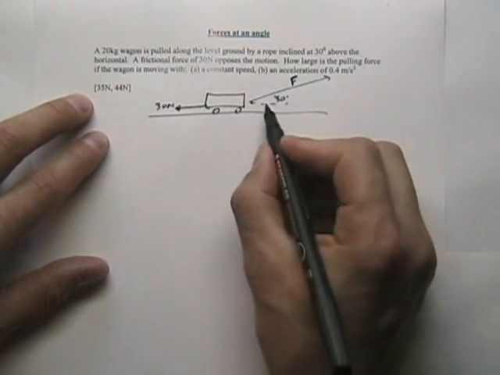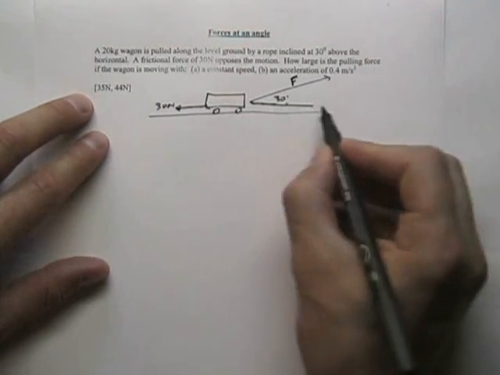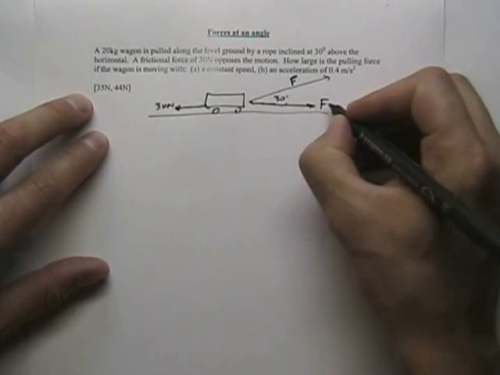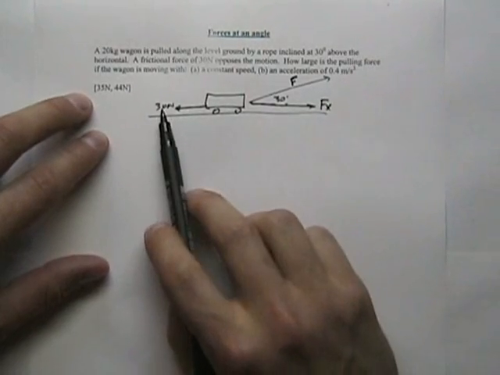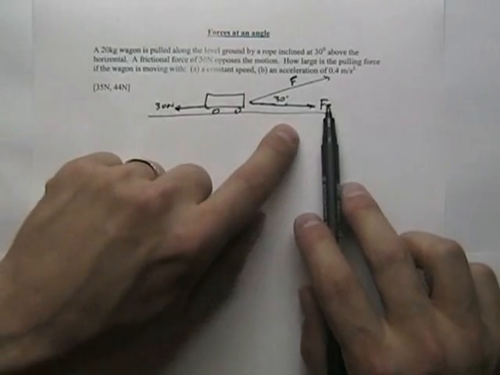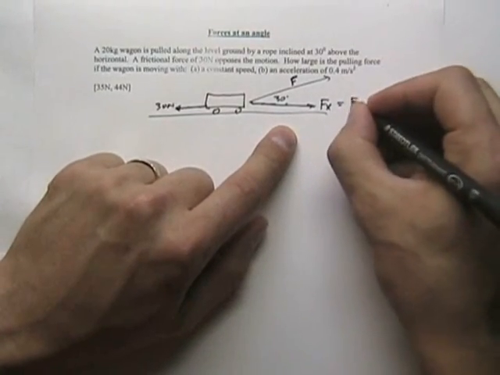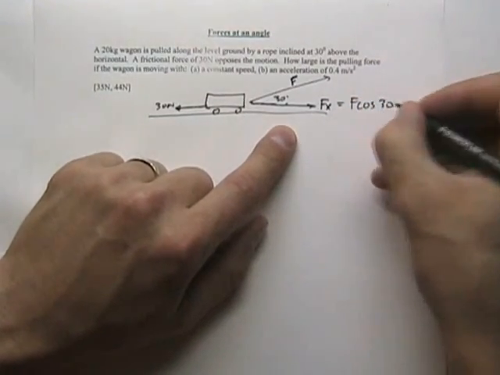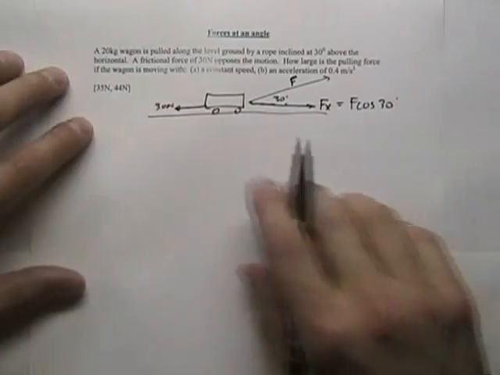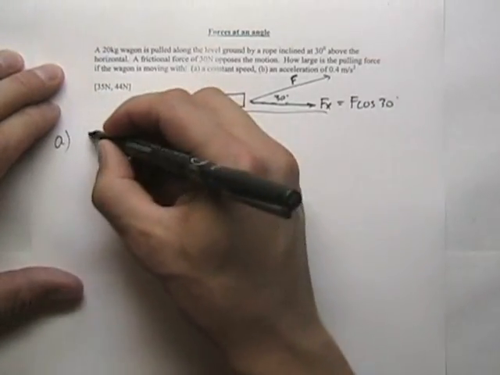First thing I know is that it's being pulled horizontally, which means I'm only interested in dealing with Fx when I'm dealing with this 30, and I know that Fx is equal to F cosine of 30, which will come into play later on. So first one I'm going to do is with constant speed.